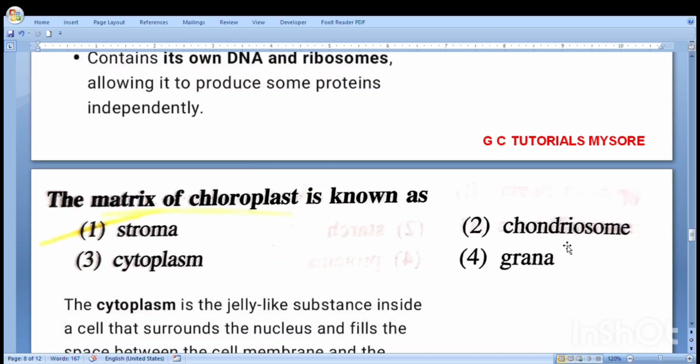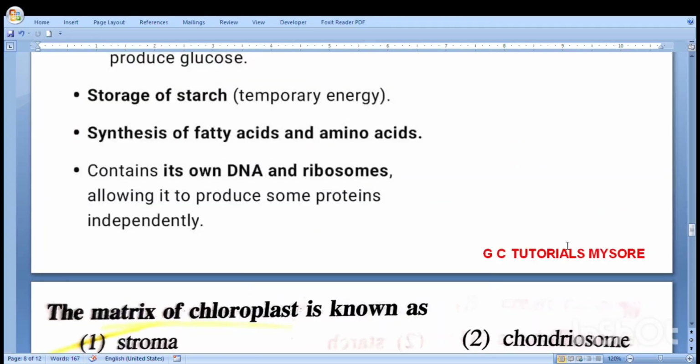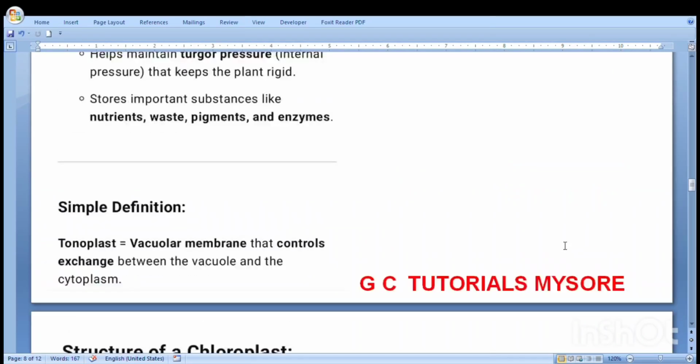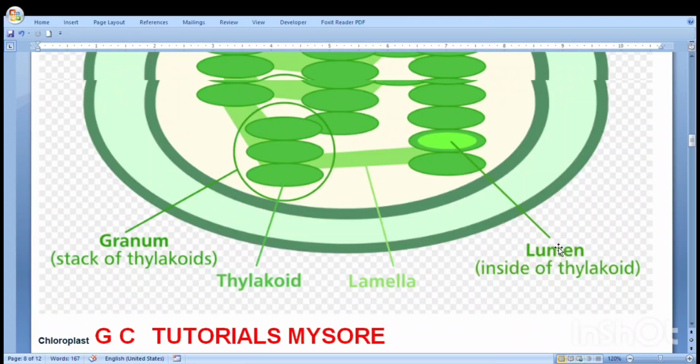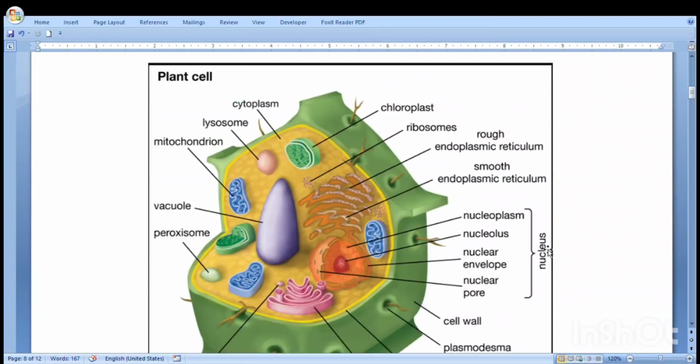Chondriosome is also known as mitochondrion, which is often called what? Yesterday I told you, mitochondrion is also known as the powerhouse of the cell. Got it?